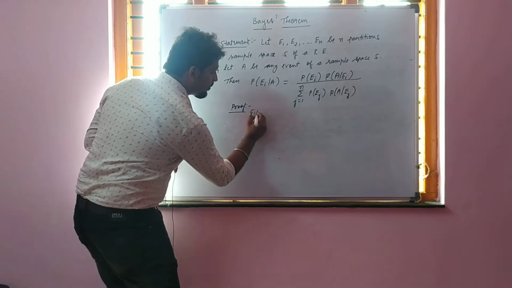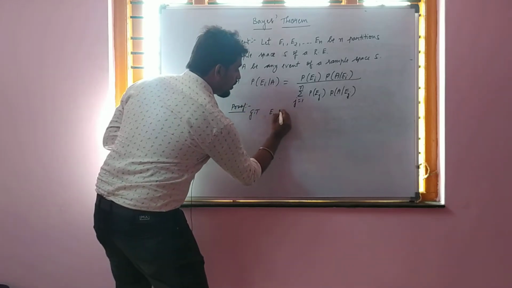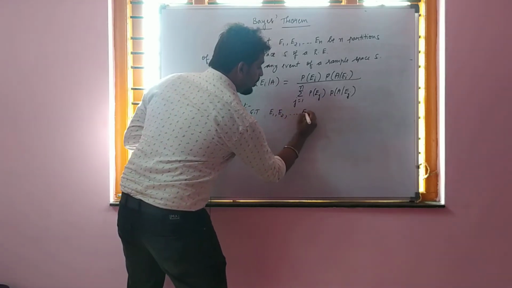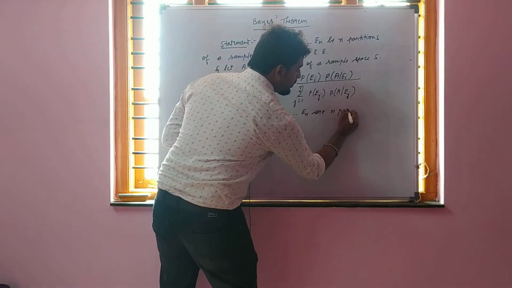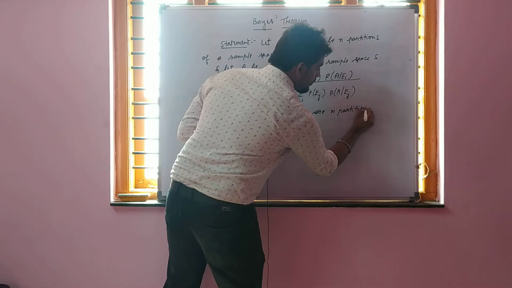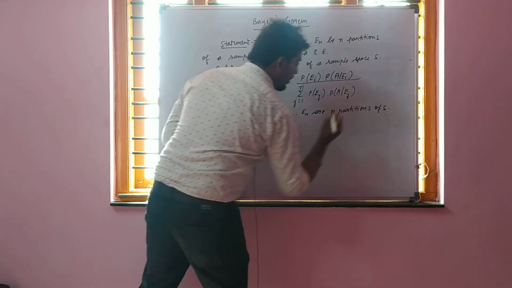Given that E1, E2 and so on up to En are n partitions of S. Right?